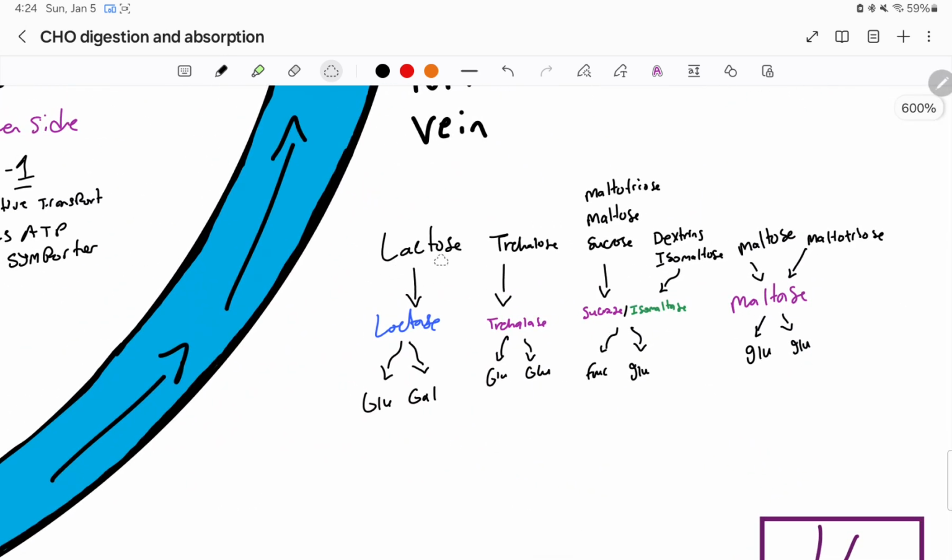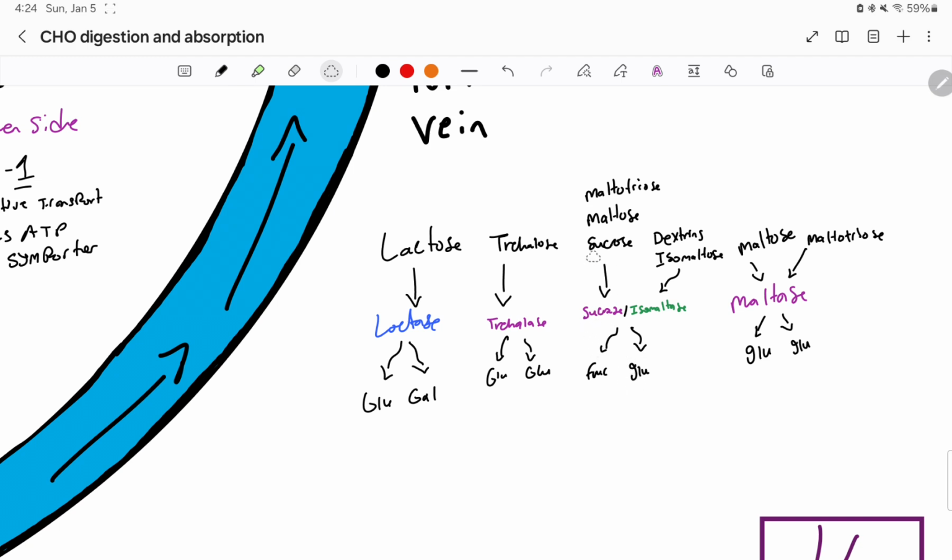So again, remember that lactose uses the enzyme lactase, and that gives us glucose and galactose. Trehalose uses trehalase, and that gives us glucose and glucose. The complex of sucrase and isomaltase. Isomaltase, remember I said, is the only enzyme that can cut the alpha-1,6 bonds. So it cuts isomaltose and the limit dextrins. And that gives us glucose, okay?